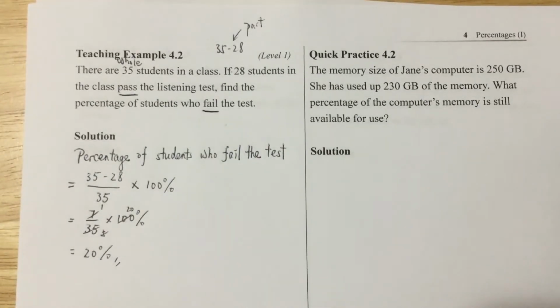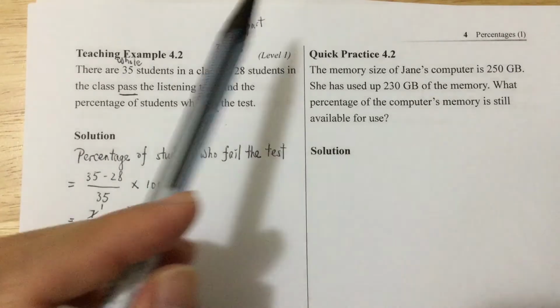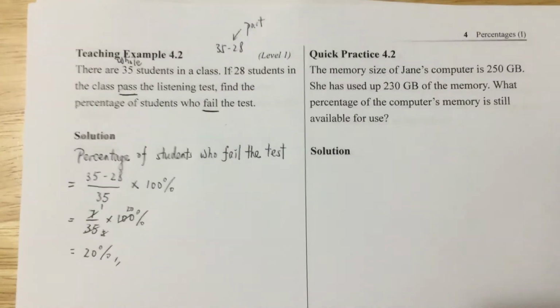Okay, so we finished the teaching example. And now this time I will give you 15 seconds to do the quick practice 4.2 by yourself. I will not tell you the progress, but I will only tell you the answer.